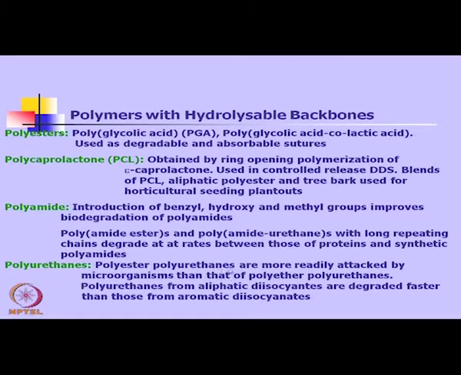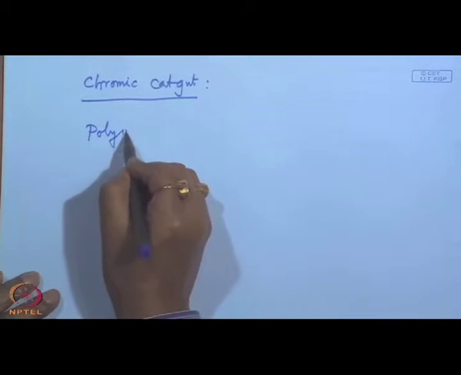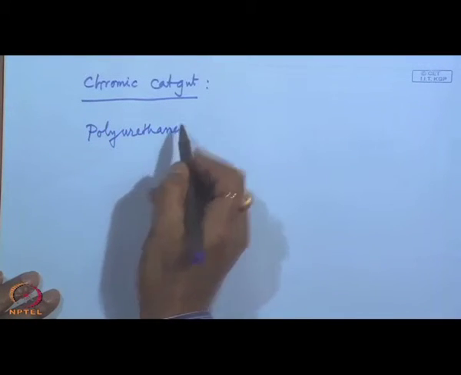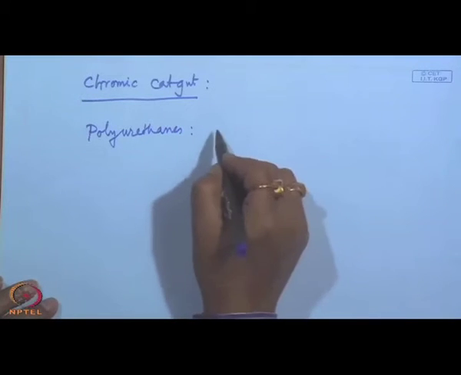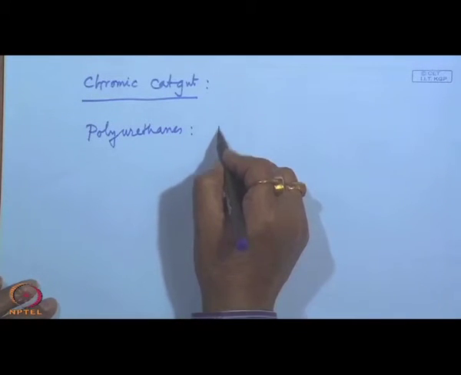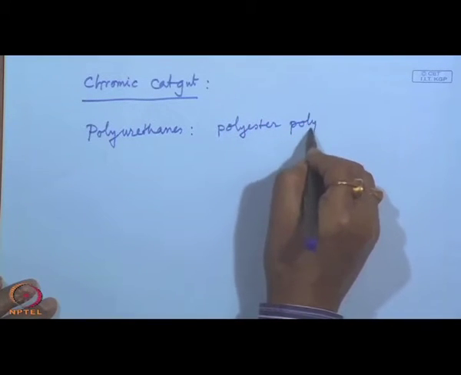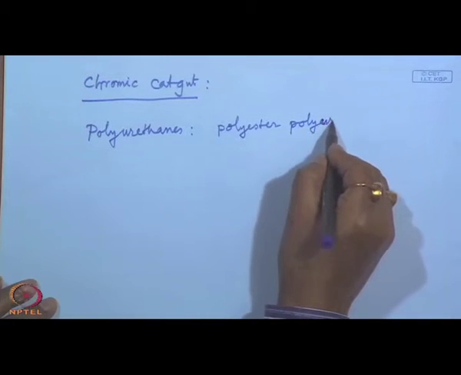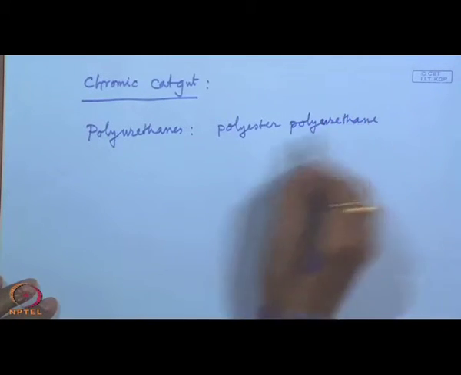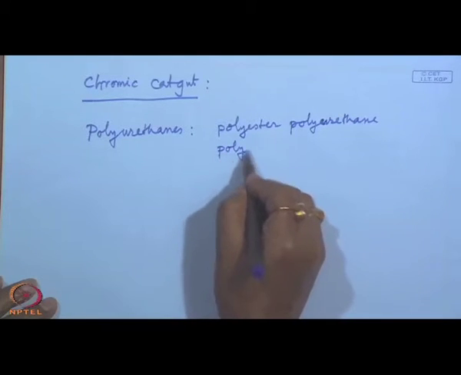Polyester polyurethanes are also readily attacked by microorganisms and hydrolytically degraded, and polyether polyurethanes are also degradable. So, polyurethanes can be polyester polyurethane or polyether polyurethane.